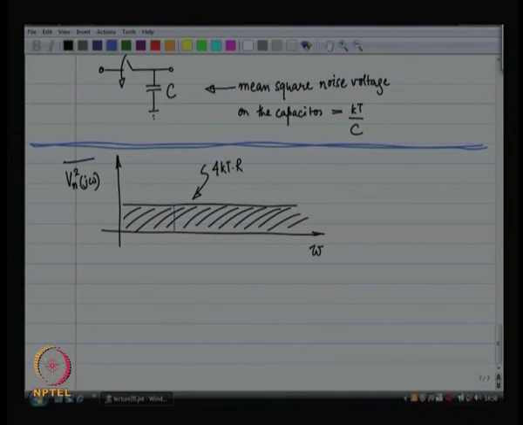And then you say let us look at this band of width df, or d omega, because this was omega, in which case it is no longer 4 kT R, it is 4 kT R by 2 pi.